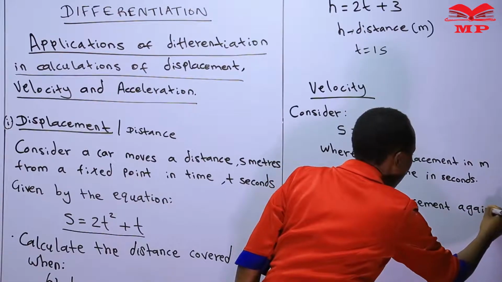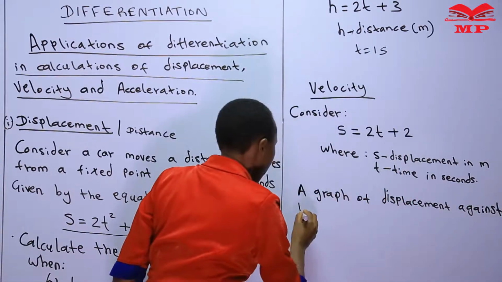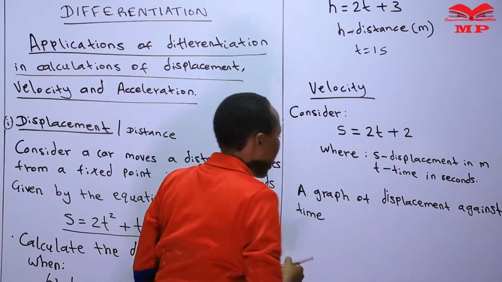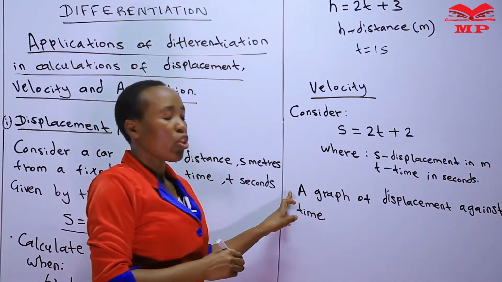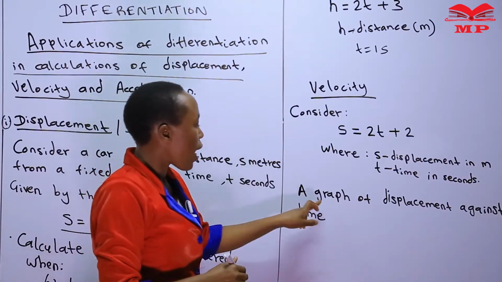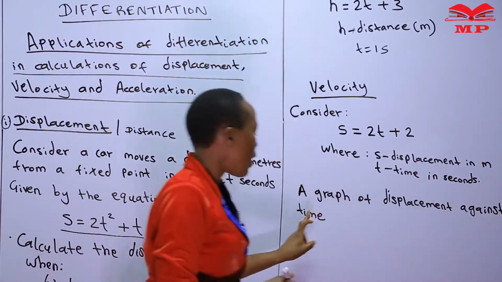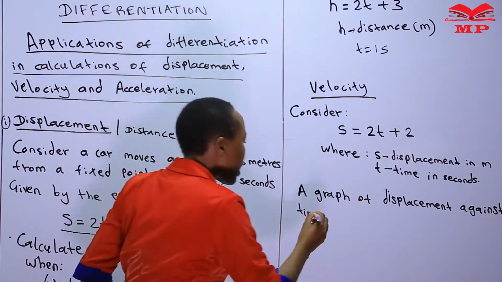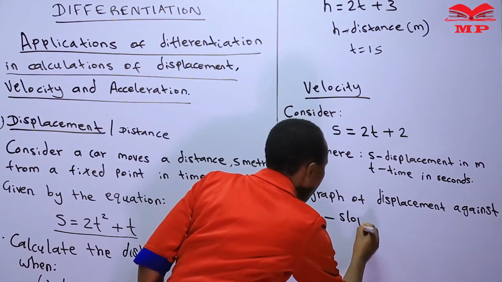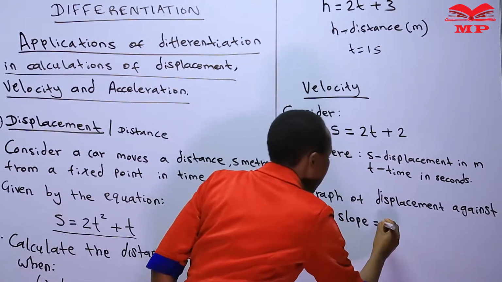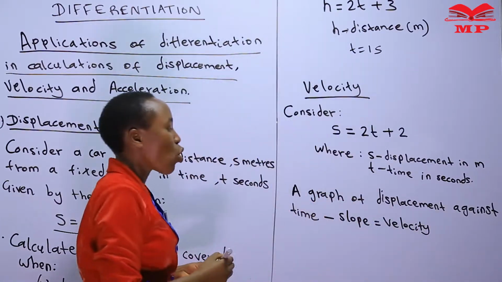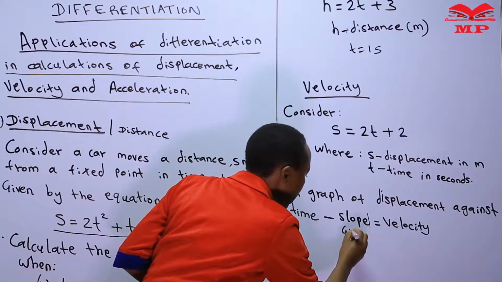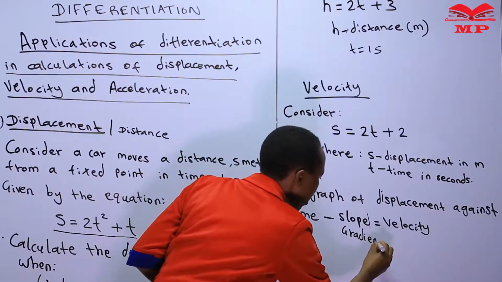against time, from your previous knowledge in linear motion, for a graph of displacement against time, the slope, or the gradient, will give us the velocity.